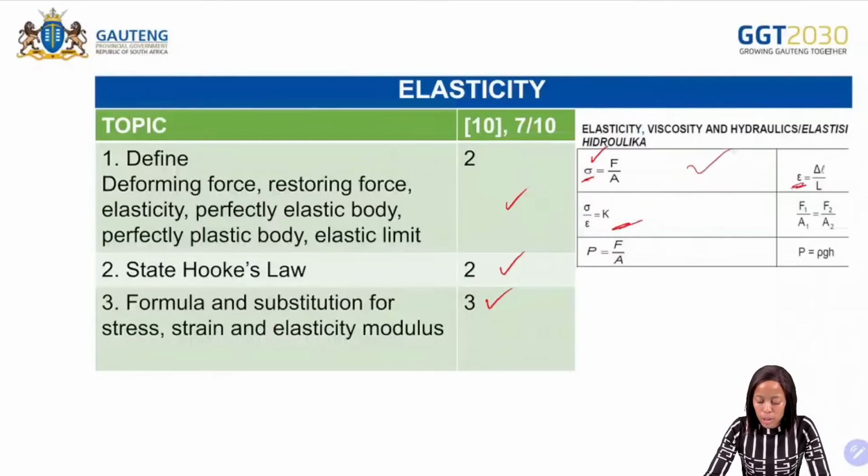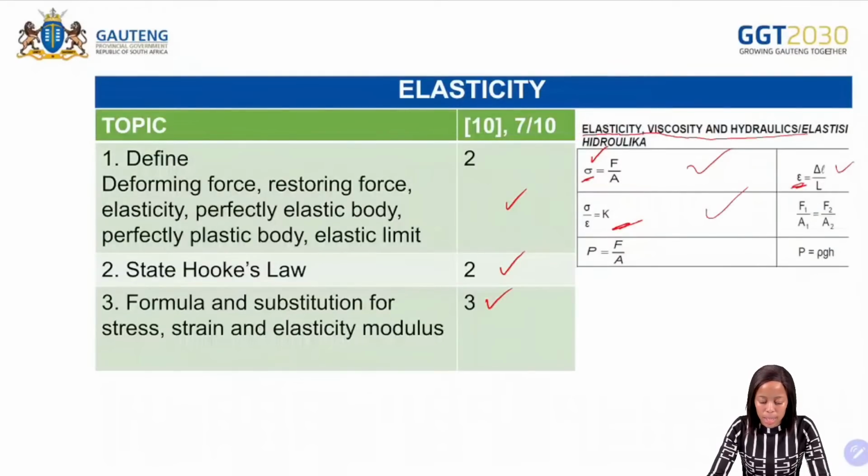So make sure that you familiarize yourself with the formula sheet. This one is under the heading Elasticity, viscosity, and hydraulics. So make sure that you know those formulas and how to apply them.